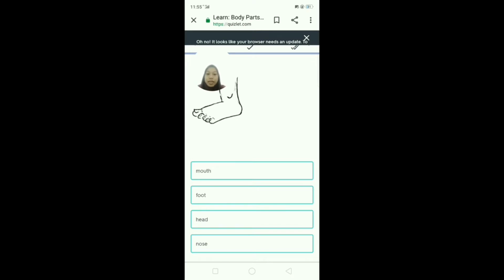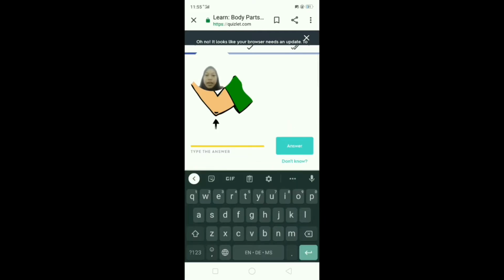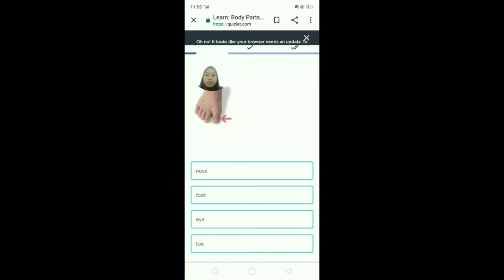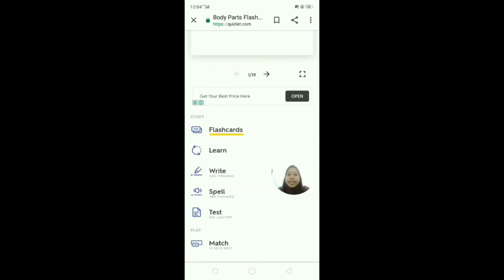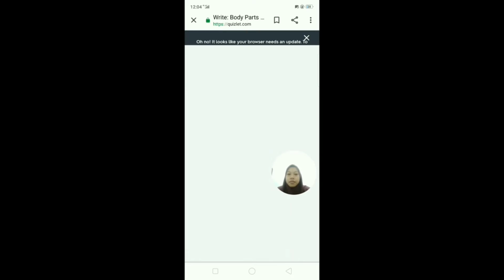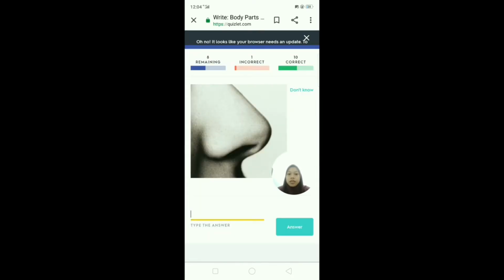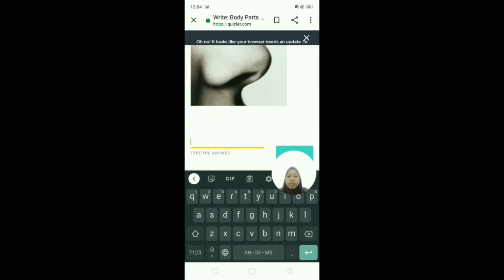You need to choose the answer and type the answer here. The third is Write. Write prompts you with the term and you must type in the corresponding definition.